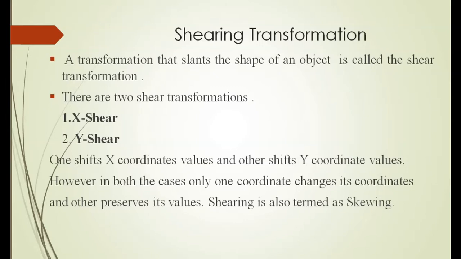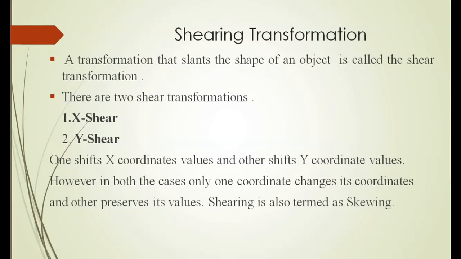Shearing transformation means what? A transformation that slants the shape of an object is called a shear transformation. Shearing transformation distorts the shape of an object, meaning the object is slanted or its shape is distorted.